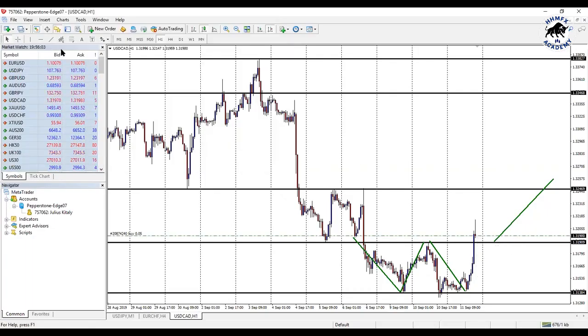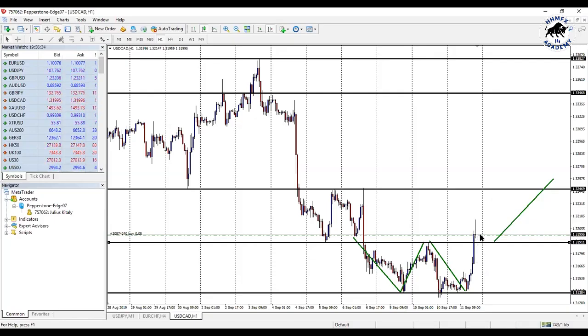Or you can go in with one order by market execution, and you can place another order here as a pending order, a buy limit. In case the market moves to this point and does a retest, you have another order there that will be moving up with the market.